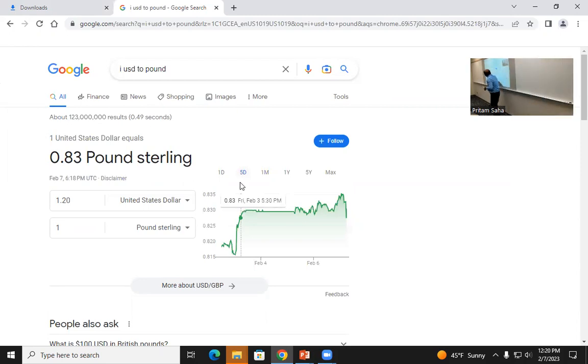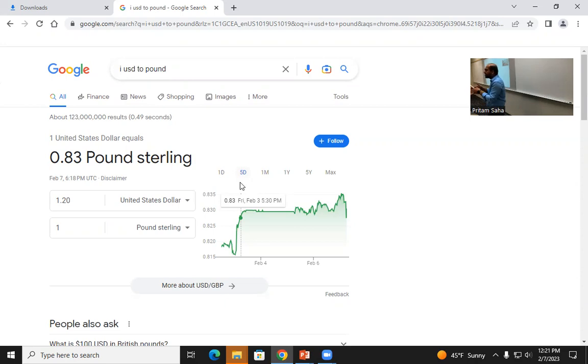So why did it jump? Is anyone following the pound? No? Okay, that's good. So why did it jump? Because the spot rate is not constant. It will keep moving. And that is the objective of chapter 4.